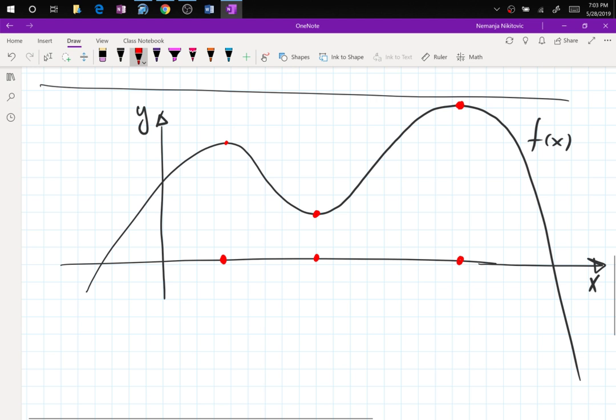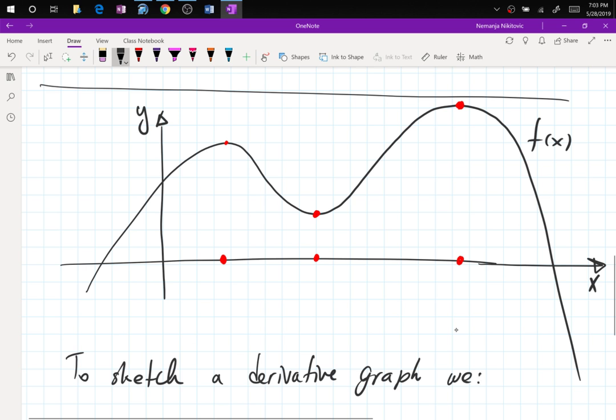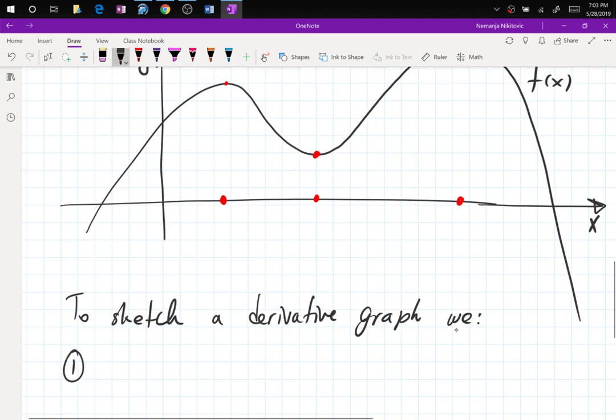So to sketch a derivative graph, we, number one, find all x locations for min and max.